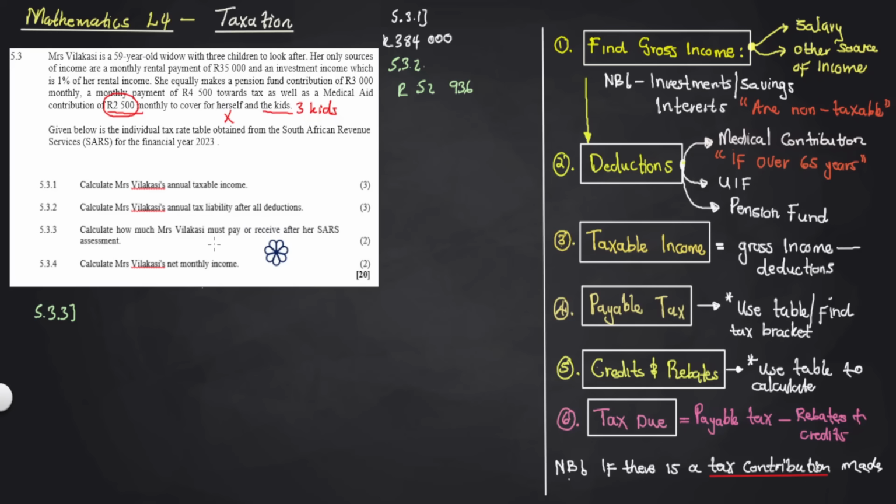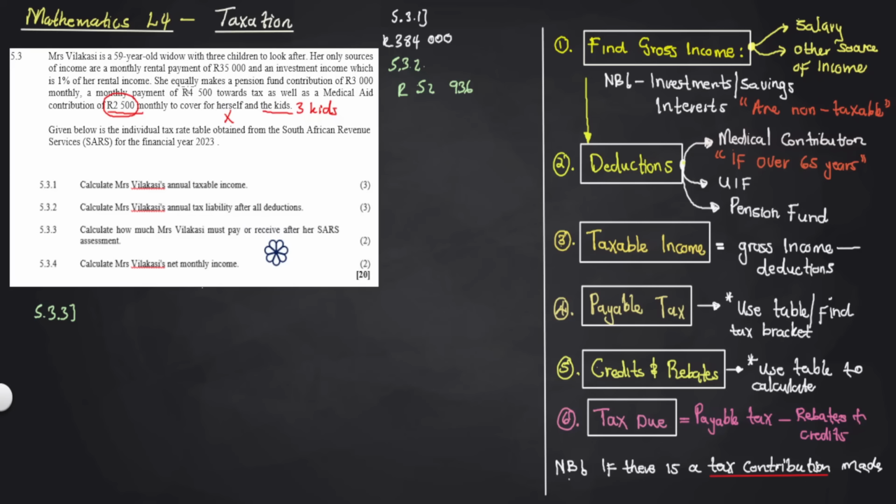We also need to calculate for this particular year how much we need. If she paid over, SARS will pay the difference. If she paid less than what we want through the tax contribution, then it should be a score.